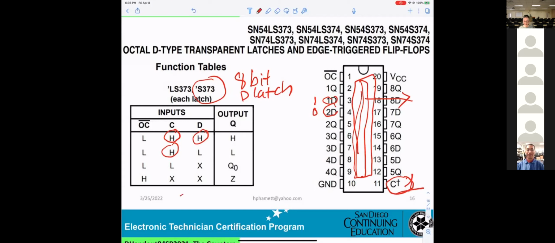Pin 11 means pin C at logic 1. If you get a logic 1 here, whatever is at the input D will go inside. They will stay inside here until output control is 0. Then that will go to the output.